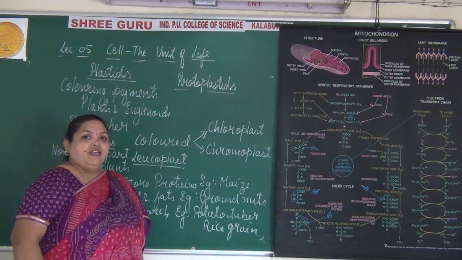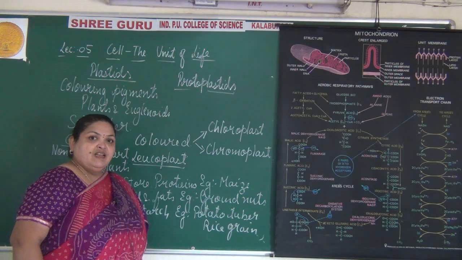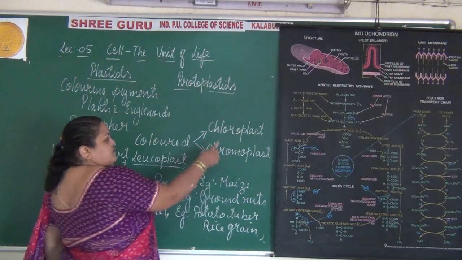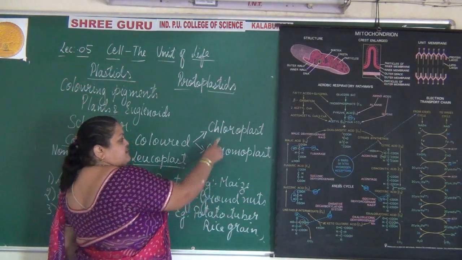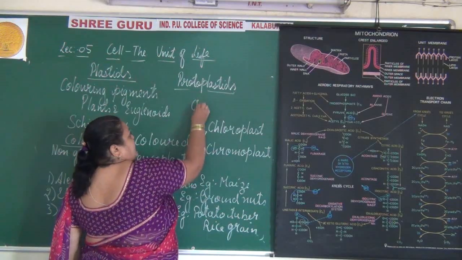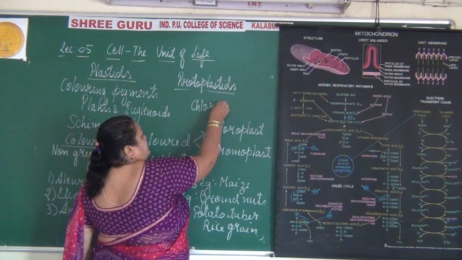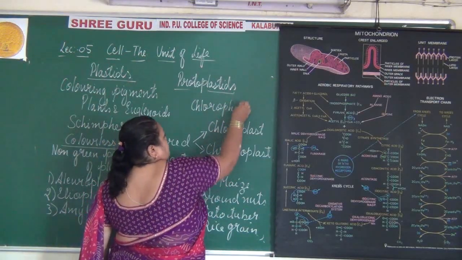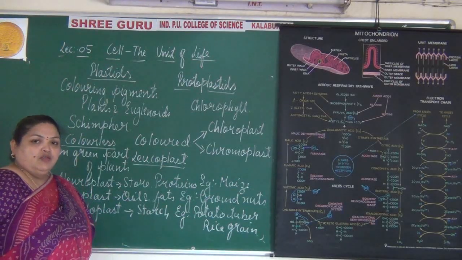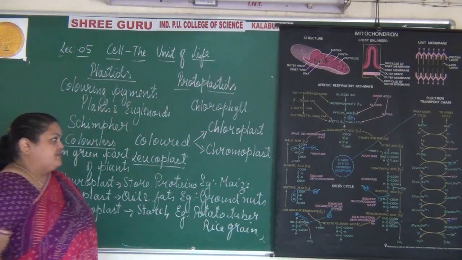The mango is initially green in color. That characteristic green color of the mango is because of a green color component, that is chloroplast. This chloroplast has a green color pigment known as chlorophyll, which provides the characteristic green color to the raw fruits and the leaves.